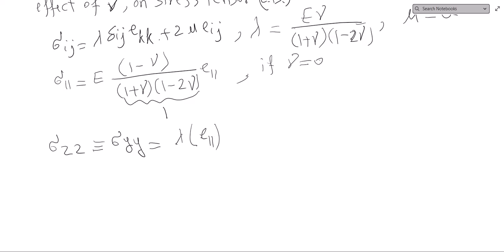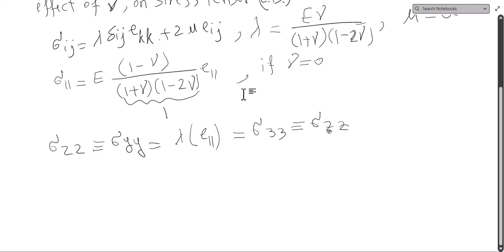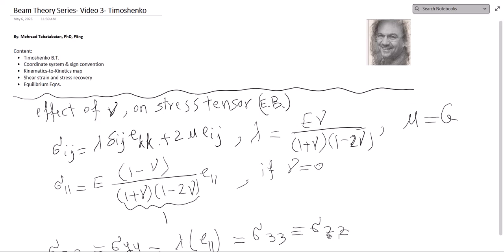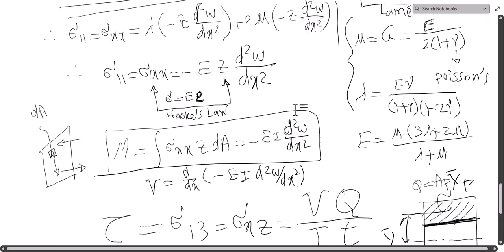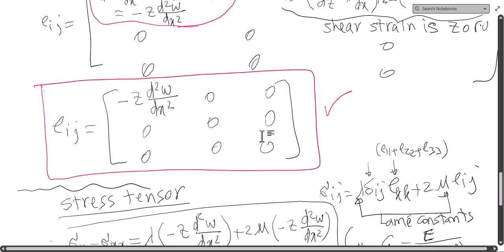This is also equal to sigma 33, which is equivalent to sigma zz, because delta 33 is 1 and again only ekk survives. For ekk, you always get this E11.